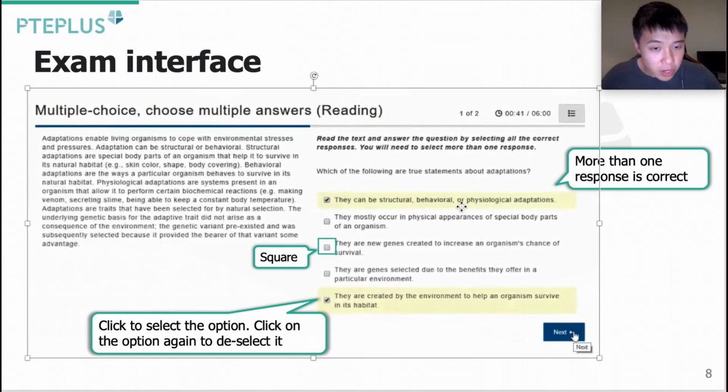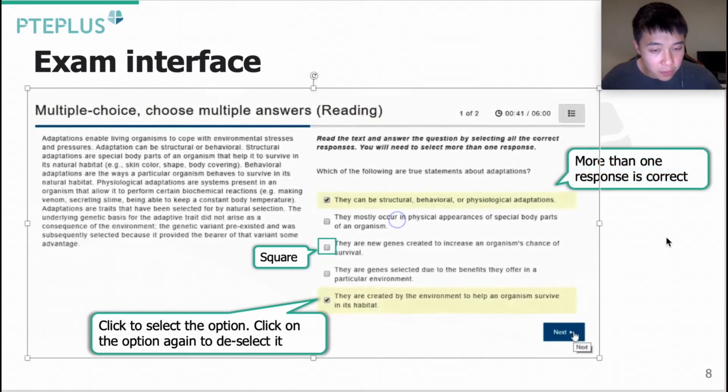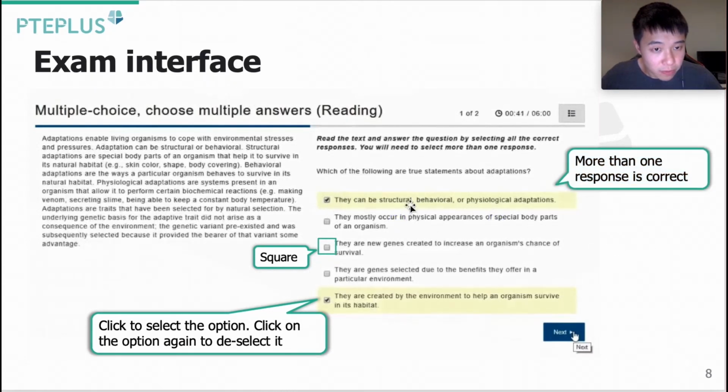So you don't have to select more than one, but keep in mind that this is multiple answer, so there will be more than one correct response. If you're not sure, then just choose one, right? You won't be penalized for only choosing one option. And you should only choose more than one response if you are sure about it, because there will be a deduction rule for this particular question.